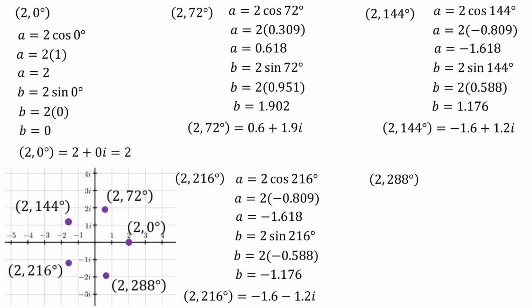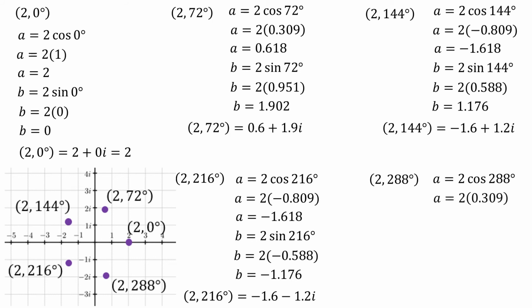You can probably predict what's going to happen on this last one. All right, on this last one, it should be very similar to that 2 comma 72 degrees, right? It should have the same real number component because it looks like we went the same distance to the right, but then instead of going up, we went down.